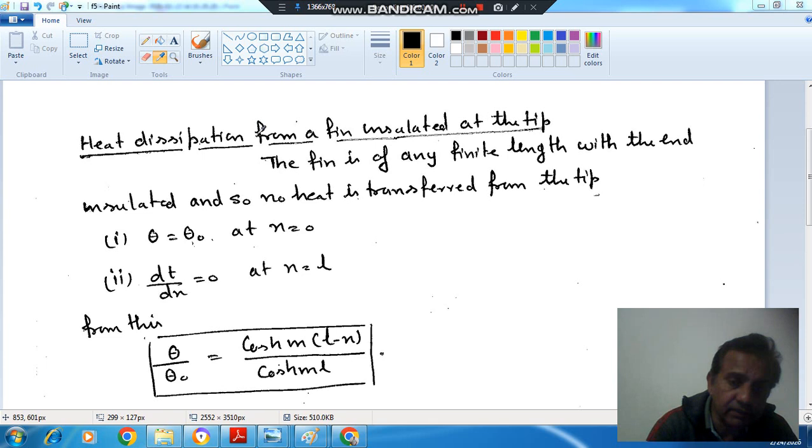Next topic in the chapter of heat transfer from external surfaces: heat dissipation from a pin insulated at the tip.